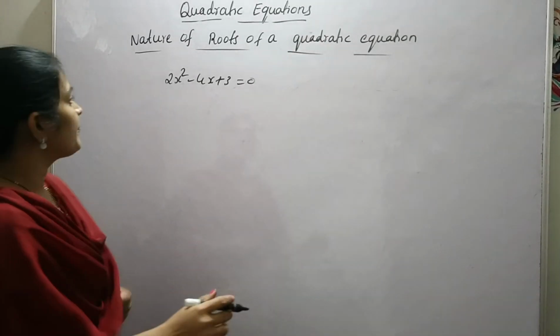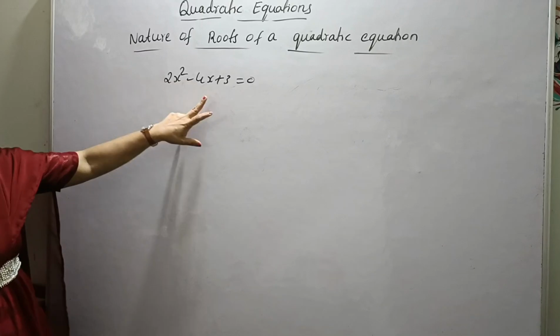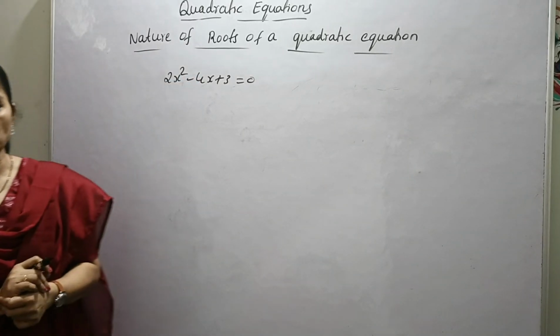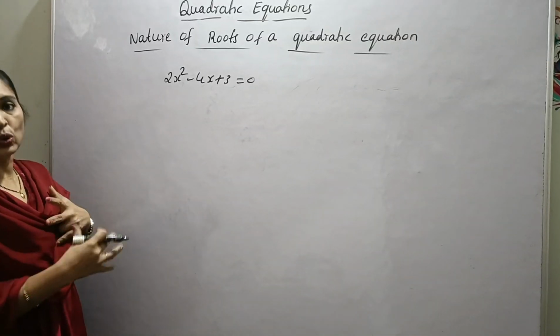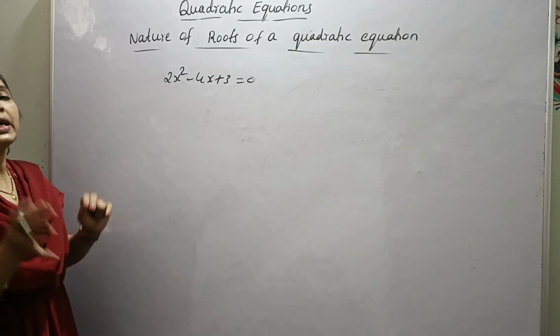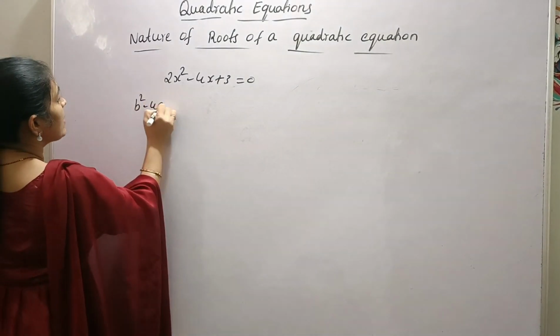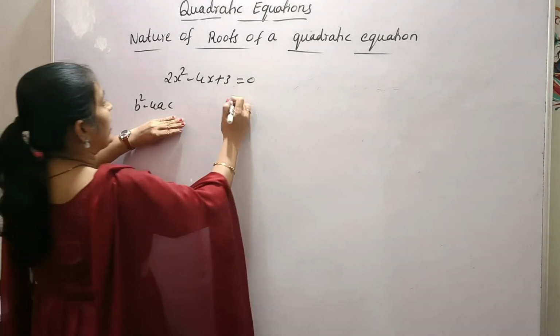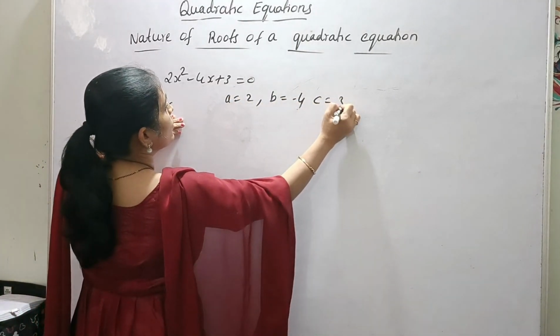Look at an example. Now let's check the nature of roots of this quadratic equation. To find the nature of roots, we will find b² - 4ac. Here a is equal to 2, b is equal to -4, c is equal to 3.